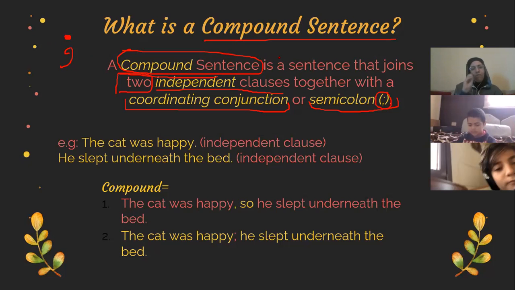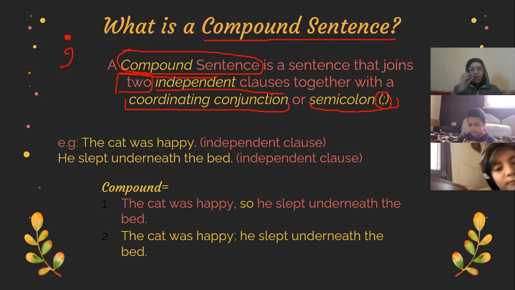When I find more than one independent clause, let's say two independent clauses adjoined together, connected together with a coordinating conjunction or a semicolon, then they make one compound sentence. How can I differentiate more?